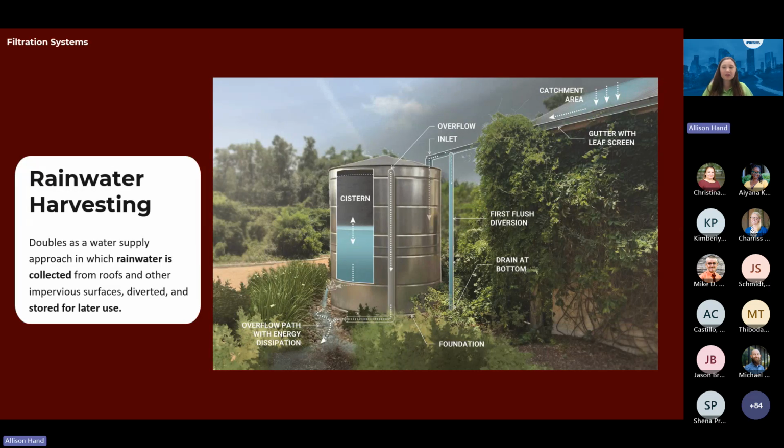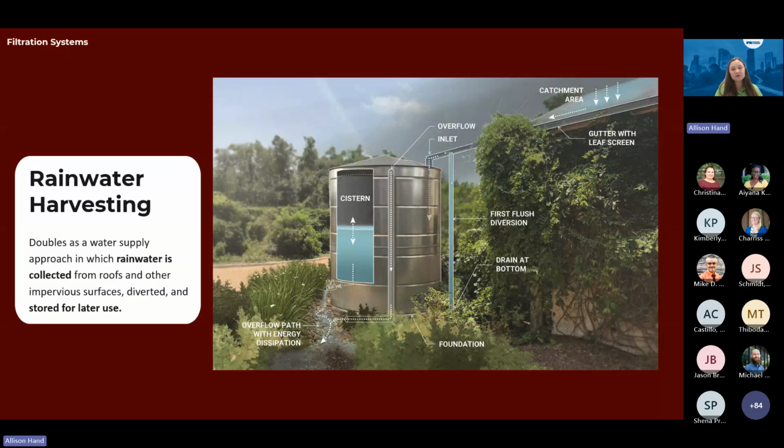Rainwater harvesting is a green infrastructure approach that doubles as a water supply approach, in which rainwater is collected from roofs and other impervious surfaces, diverted, and stored for later use, instead of becoming runoff to the local drainage system. These systems are often versatile and can be designed for any site with any land use. The design of your cistern depends on your project goals.